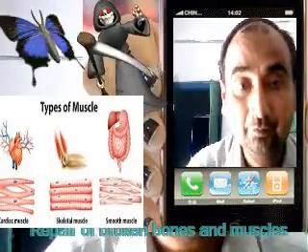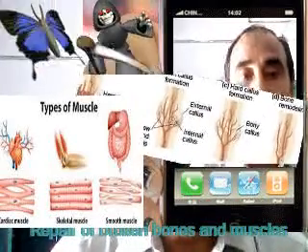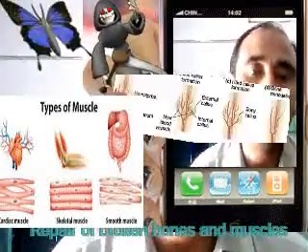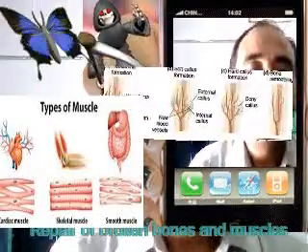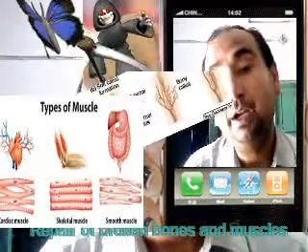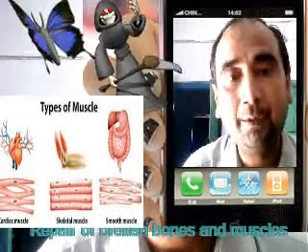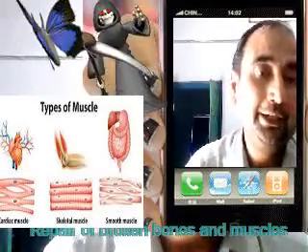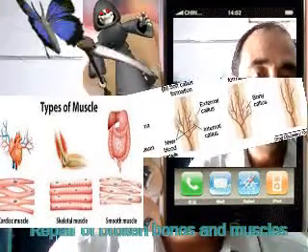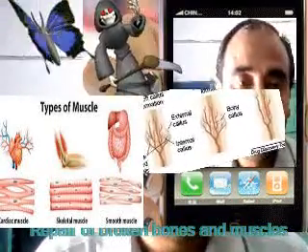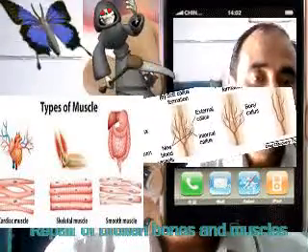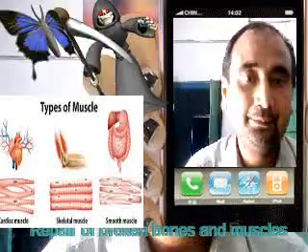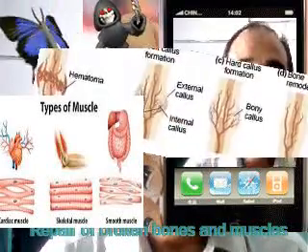The following processes occur in the repair of broken bone. The first process is hematoma formation, the second is soft callus formation, the third is bony callus formation, and the fourth is remodeling. In hematoma formation, when bones break due to trauma, at the fracture site the blood vessels get damaged and hemorrhage occurs.